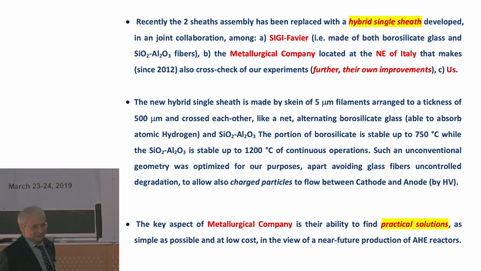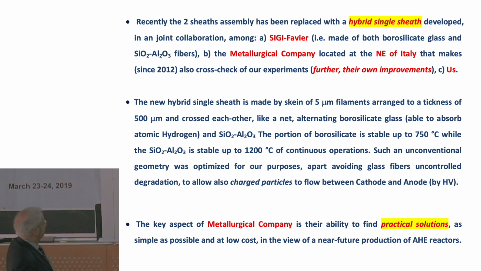build a new kind of sheet, more or less patented, from the CG company. They are crossed fibers of glass and alumina parts, so they can work up to 1,200 degrees in principle, but the time constant they give back at 1,200, so they match both needs.